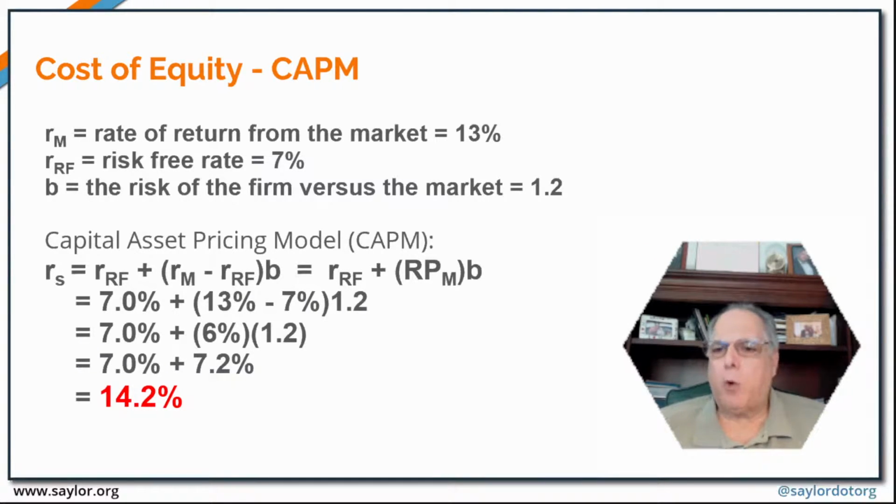Well, how much more? The risk-free rate plus a premium based on your standing in the market, what the market is doing, and any additional risk. So the average shareholder is looking for a minimum return of 14.2%. That's what you're going to use as the cost of equity.